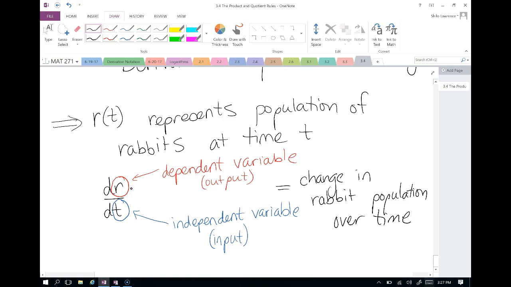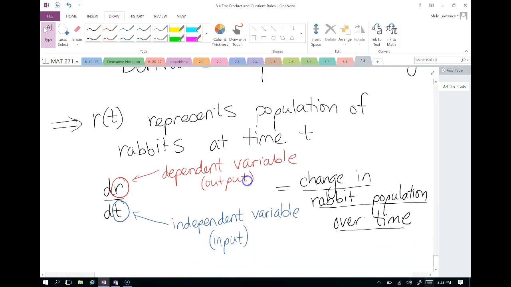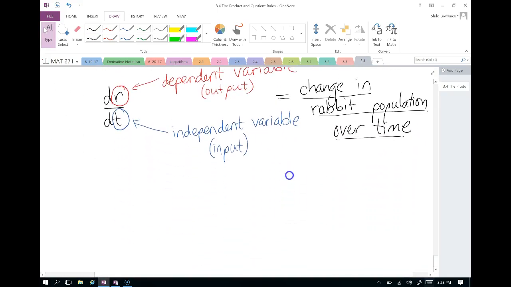You're going to have to be able to read the words here and be able to translate those into math operations. So the change in rabbit population over time, if you know R of t represents rabbit population, then change in rabbit population is derivative. Derivative always represents change. So it can be an instantaneous rate of change, which is derivative, or it can be an average rate of change.